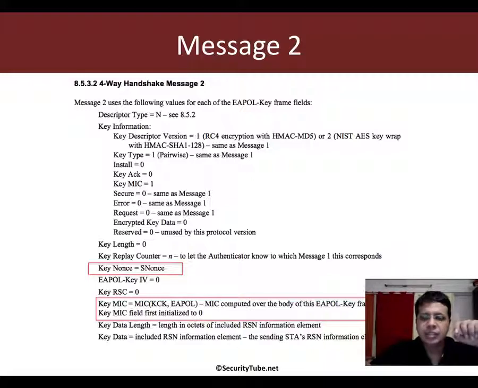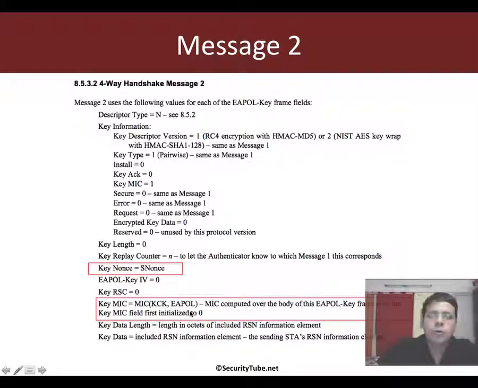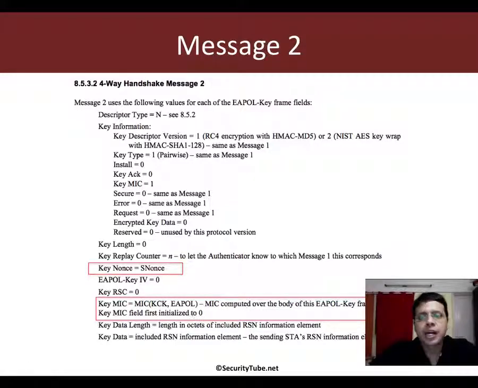The MIC, if you notice here, is created over the entire EAPOL key frame with the MIC field itself initialized to 0. Now, people who remember from the IP TCP world, this is very similar to how you would calculate things like TCP checksums and all of that, right? Keep that field 0, go ahead, do all your mathematics, and then put the checksum field back there.